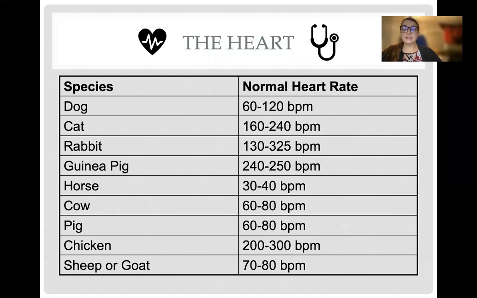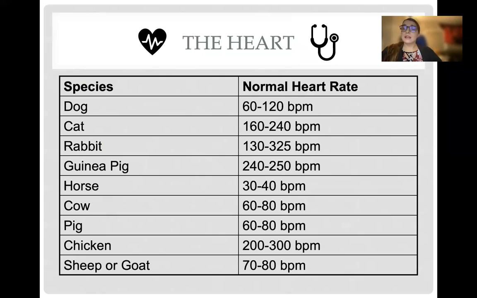We might see that some patients will predominantly have lower versus higher according to their breed or size. So for example, for our dogs, the normal range is 60 to 120. But if it's a larger dog, I'm going to expect it to be under 100. If it's a smaller dog, it can actually get up to 140, and I'm not really going to be that concerned, especially with it being a smaller patient.